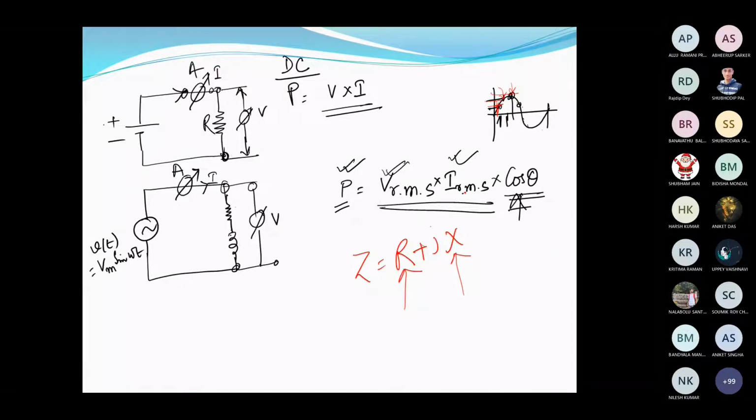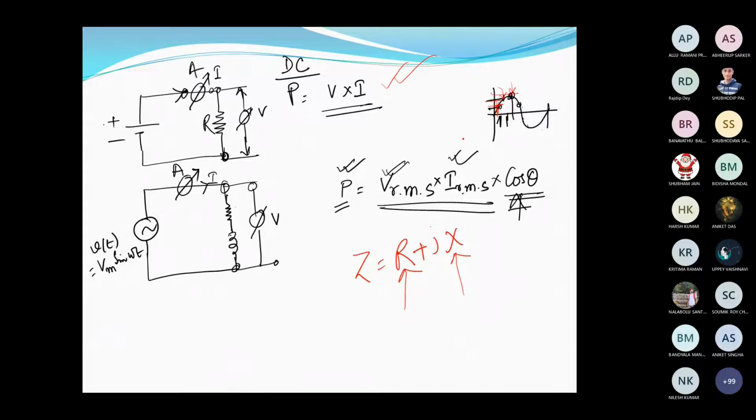From there, the power in case of DC we can easily calculate and measure. But in case of AC, we are supposed to multiply the VRMS, that means the DC equivalent of the AC voltage, similarly the DC equivalent of the AC current.